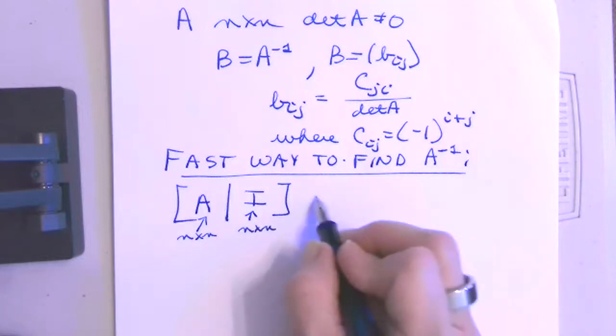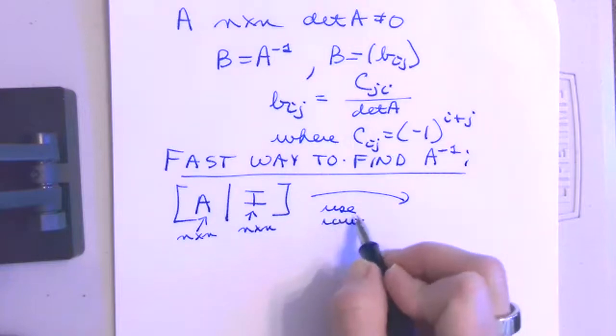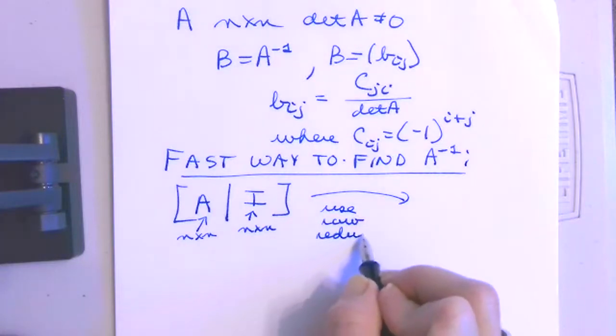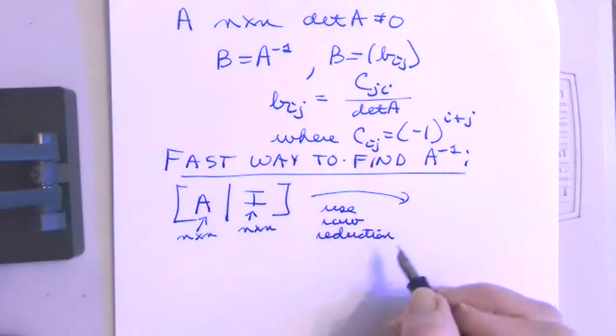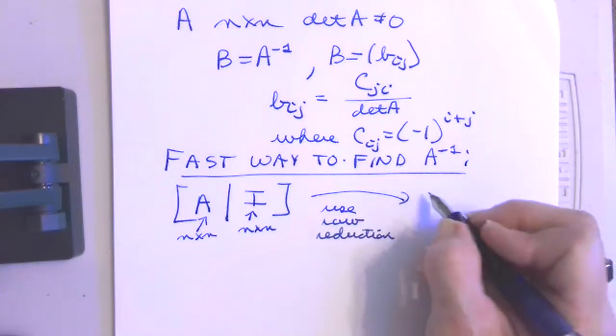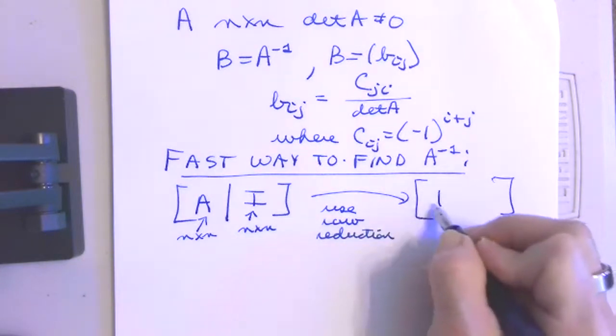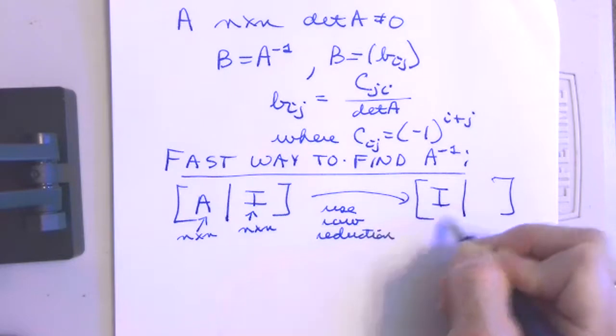Okay. And you use the row reduction that I taught you from chapter 7, way back when we were doing higher order ODEs, to try to get the identity over here.